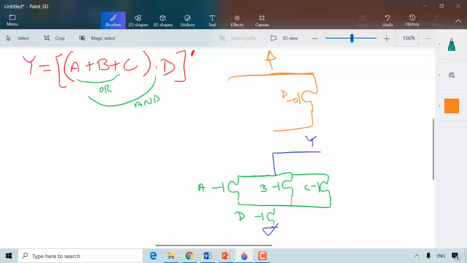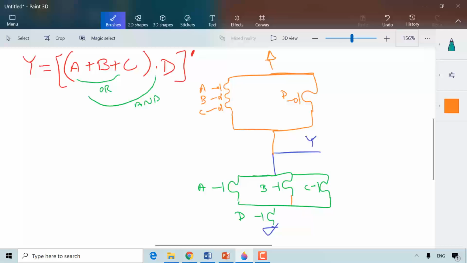What is that something? Well, it is A, B, C. They are in parallel, so they become in series: A, B, C. And then I connect the PMOS tree to the output.